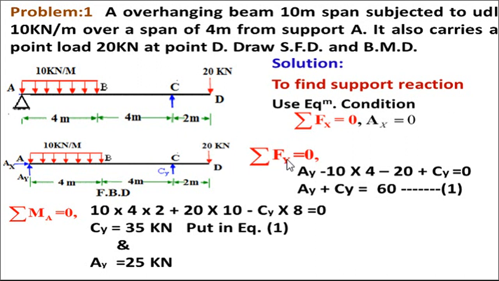Take the second equilibrium condition, summation Fy is equal to 0. In this case we have to take the vertical forces.